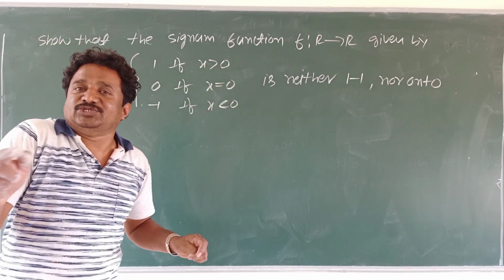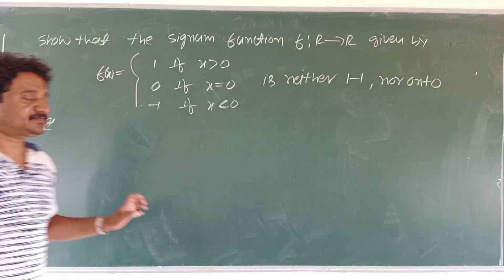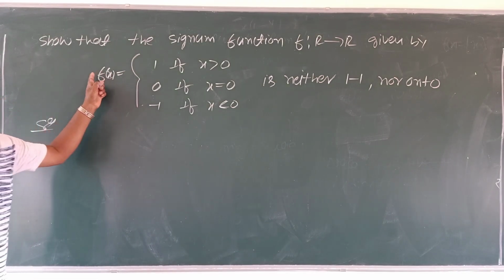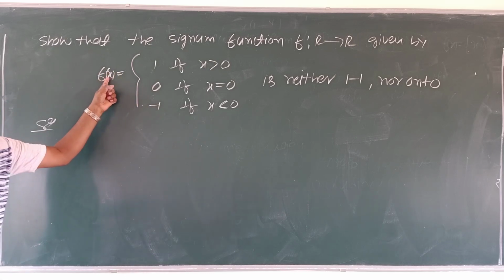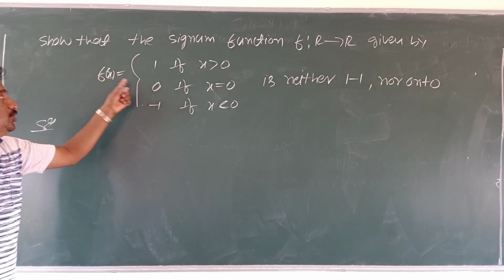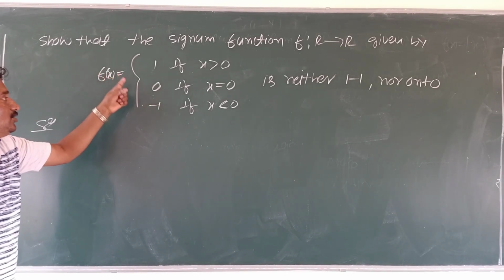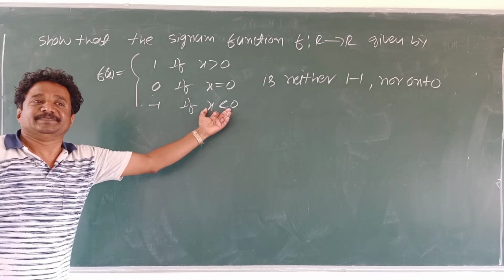Numbers greater than 0 means all positive numbers. You should take f(x) equal to 0 if x becomes 0. You should take f(x) equal to minus 1 for all negative reals.